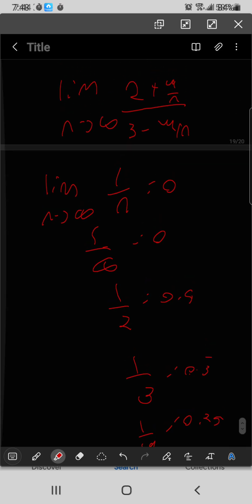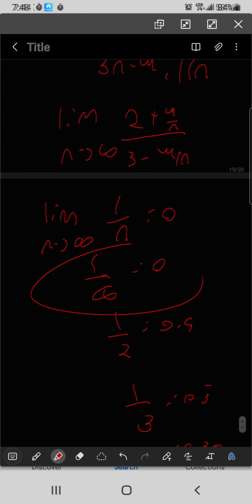Keep in mind the limit as n approaches infinity of 1 over n is always going to be 0, because 1 over infinity is 0. 1 divided by 2 is 0.5, 1 divided by 3 is 0.33 continuing, and 1 divided by 4 is 0.25. It's going to get smaller, so 1 over infinity is 0, and that's why.